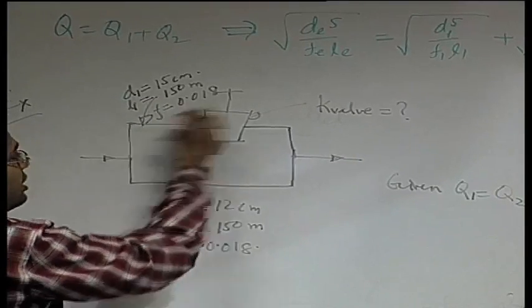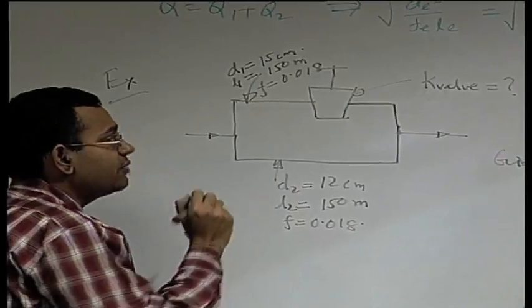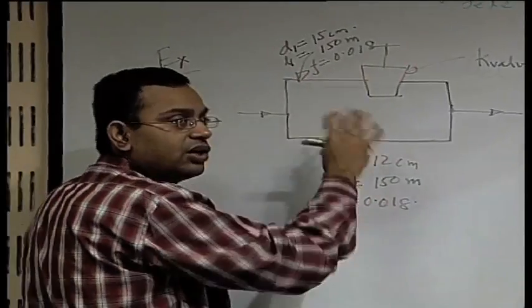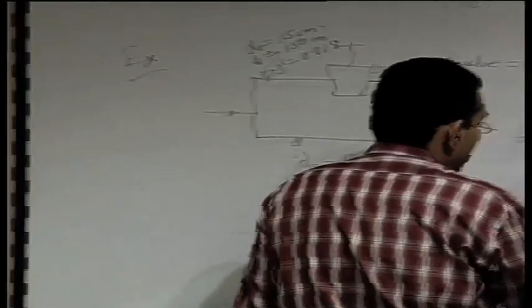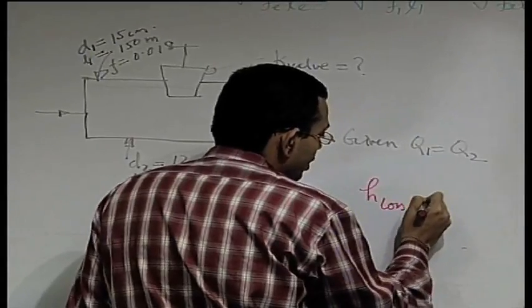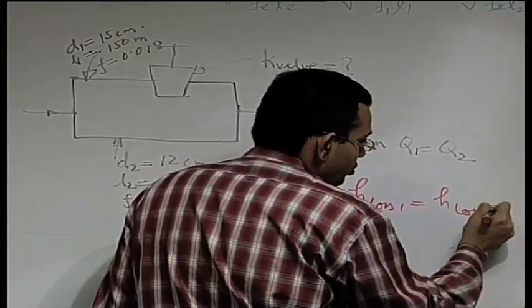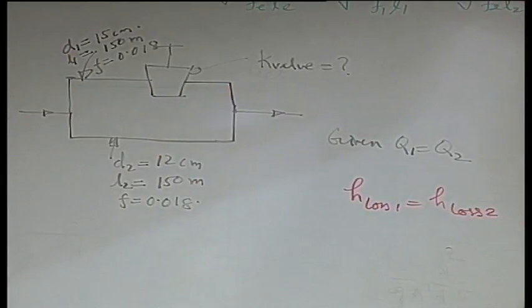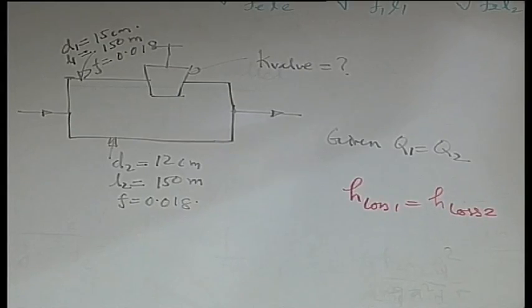So what are the things? You have HF1 equal to HF2, not just HF, the total head loss, so not just the friction loss. So H loss 1 is equal to H loss 2. So what is H loss 1?